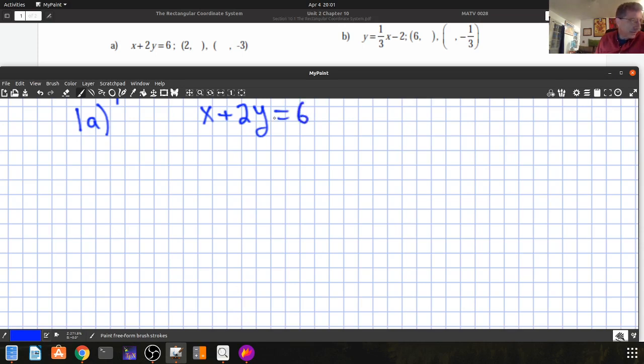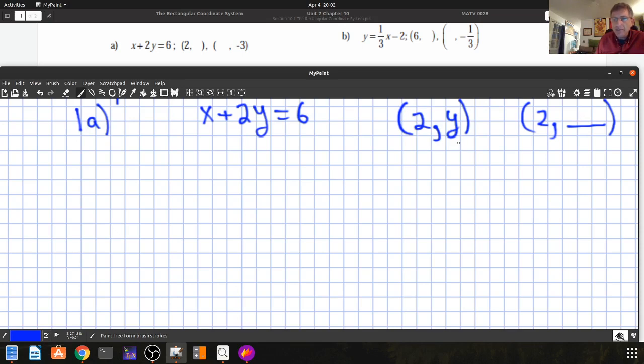And what they're doing here is they're giving us 1/2 of an ordered pair. Now they're representing it as 2, comma, blank. But we know that blank here is a y value.